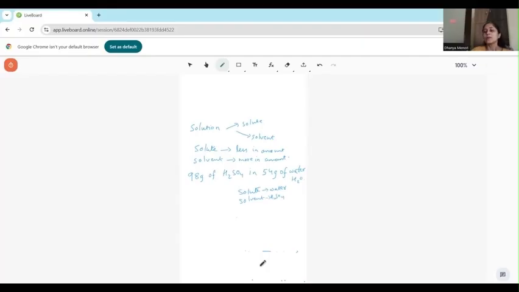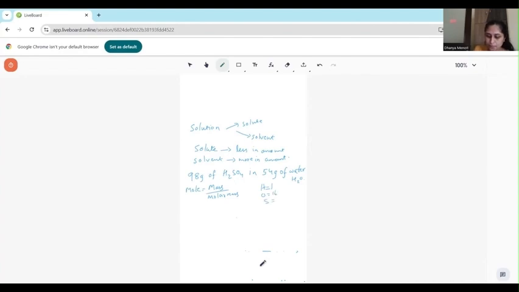Now students, since you already know how to find out the number of moles, let's determine in terms of moles which one is less in amount and which one is more in amount. So we will determine the amount of solute and solvent using the mole concept now. Moles, you already know the formula. Mole is equal to mass over molar mass. Hydrogen is 1, oxygen is 16, sulfur is 32.